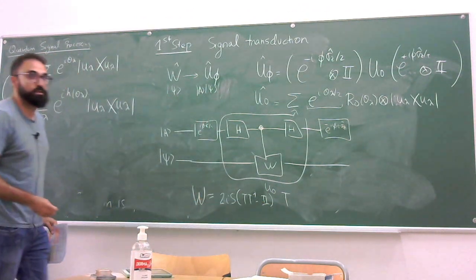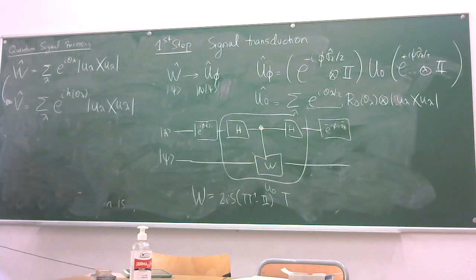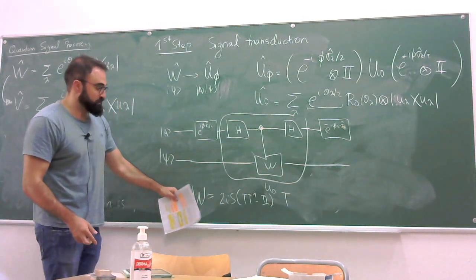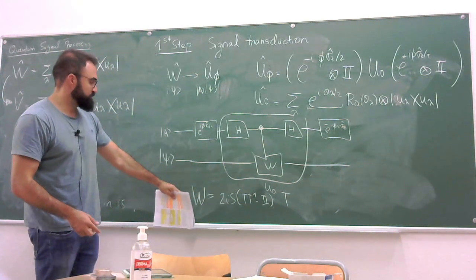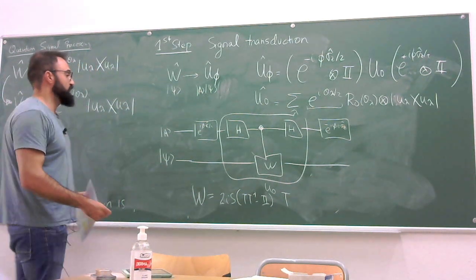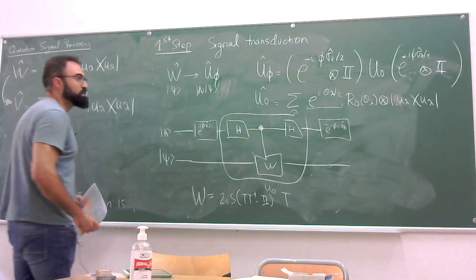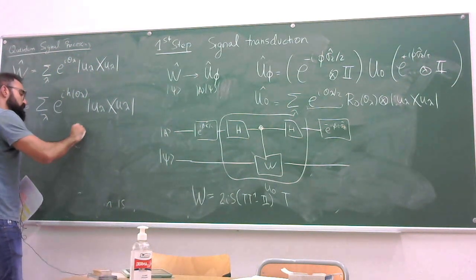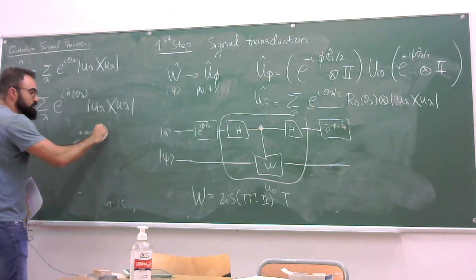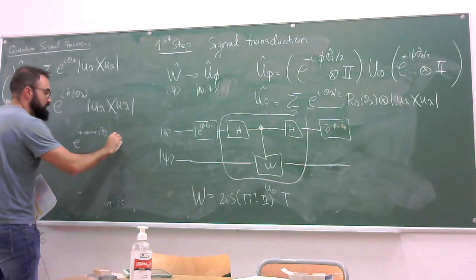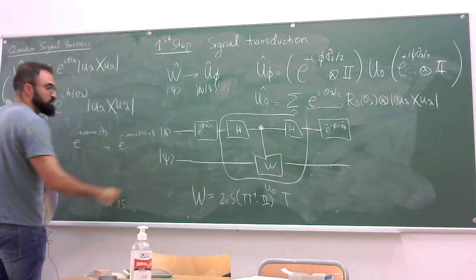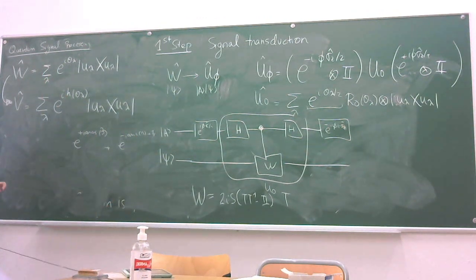This operation, applied to the initial state, is going to create the arccosine of lambda tilde plus minus arccosine lambda tilde plus pi. So basically, W is doing this.